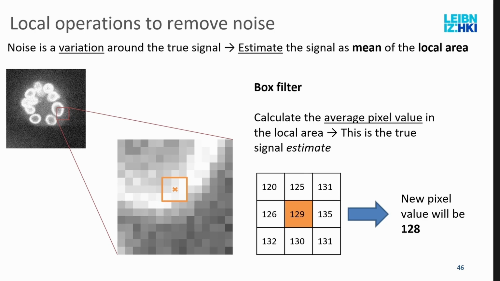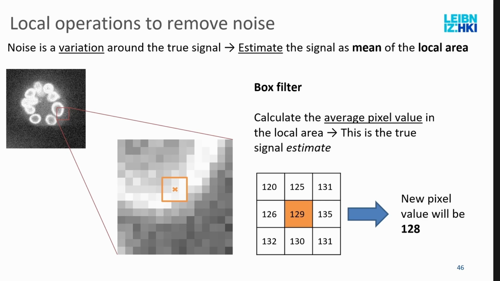Because we have an 8-bit image, the center is 129, and then we have all these surrounding values like that. If we take the average pixel value of this area, this is maybe a good estimation of the actual true value. We calculate this average value. In this case it's 128, so we correct it one down and write it into a new image. And then we repeat this for the whole image.